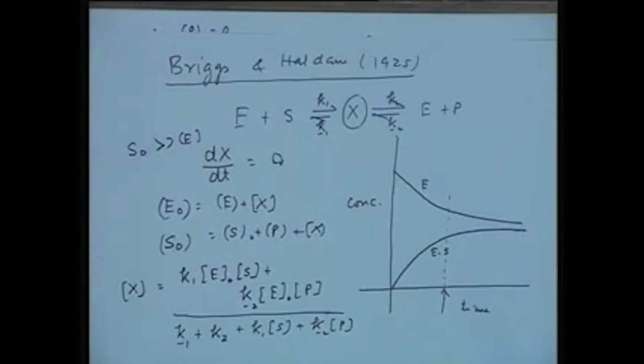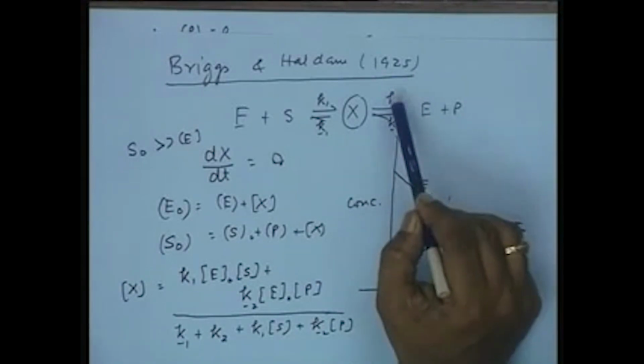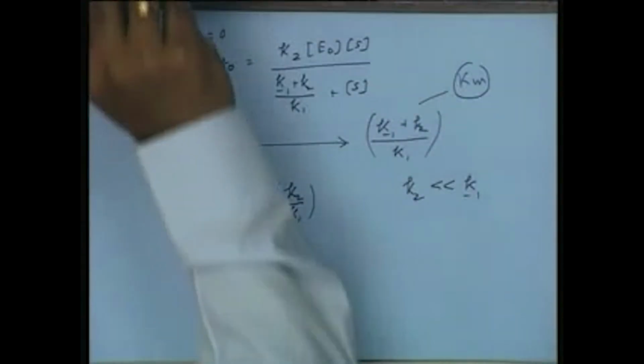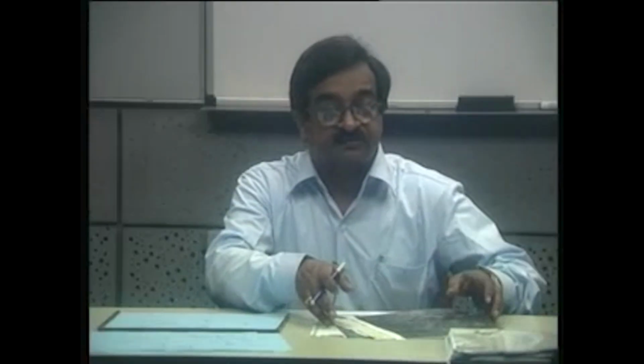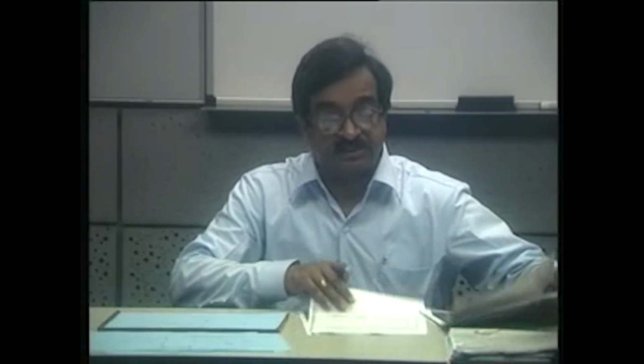The rate constant K2 is in many cases fast also, of course, like for example in the case of invertase itself K2 has a significant magnitude. But in many enzyme catalyzed reactions K2 is very small compared to K minus 1, and therefore the two hypotheses provide a very similar sort of inference as far as the kinetic function of enzymes is concerned.